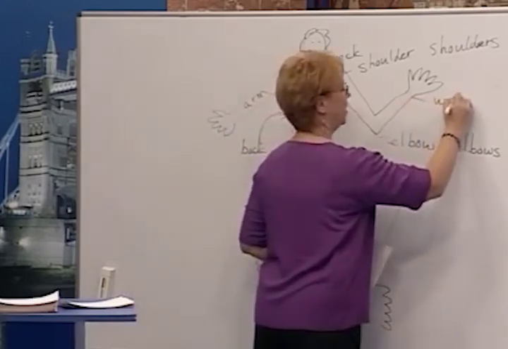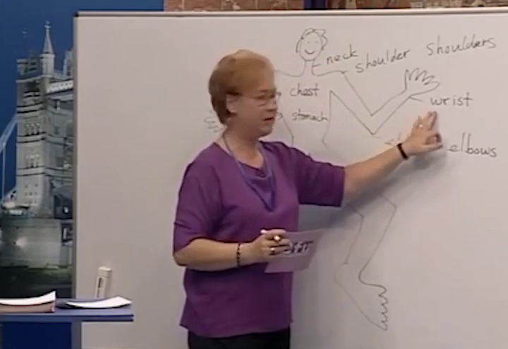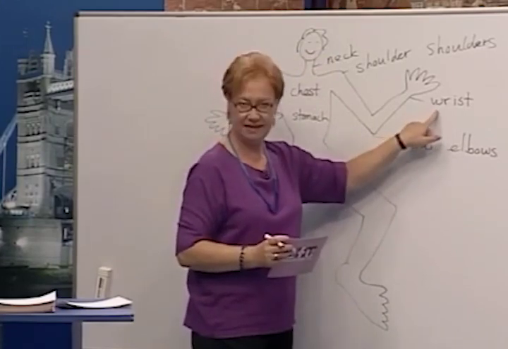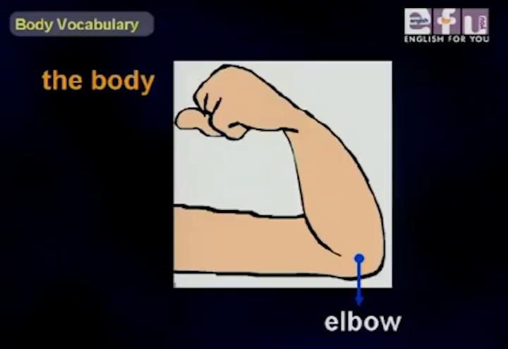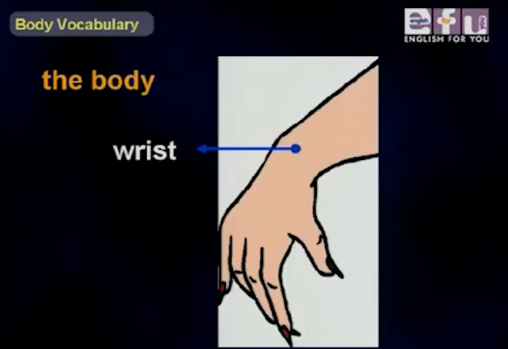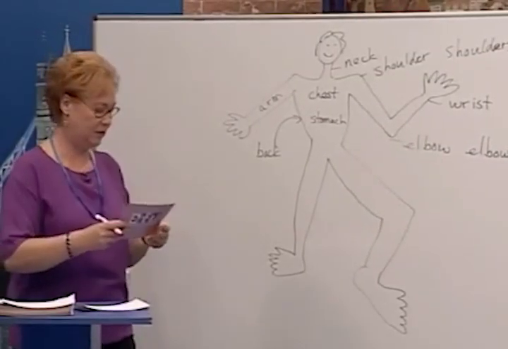Now, wrist. We don't say the W, we only say the R. Wrist. All right? So again, we have the elbow and we have the wrist. Okay, now let's look some more at this beautiful body.